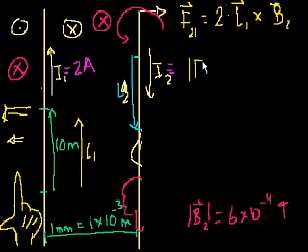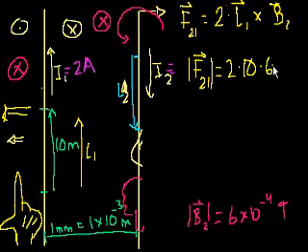So the magnitude of the force is equal to the current, 2 amperes, times the magnitude of the distance, 10 meters, times the magnitude of the magnetic field, that's 6 times 10 to the minus 4 Teslas.